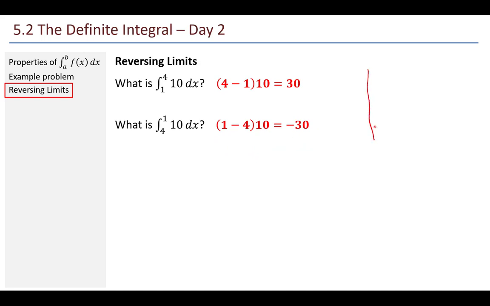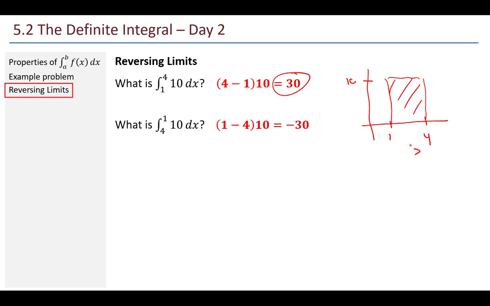So the picture is a little strange. I have 1 and 4, something with a height of 10. So on the one hand, if I integrate sort of in my normal direction from 1 to 4, the answer I get is 30.